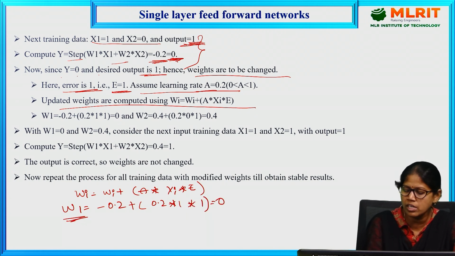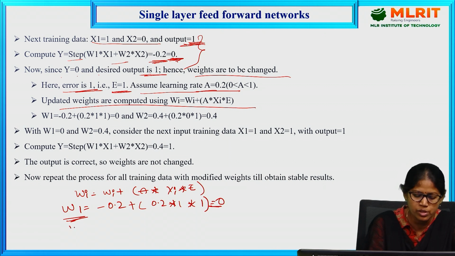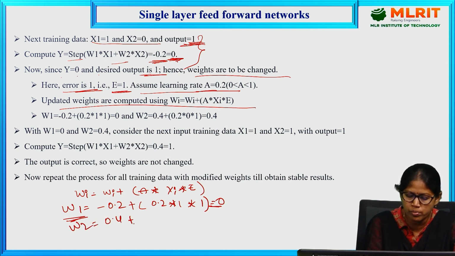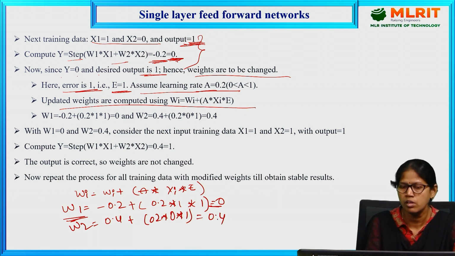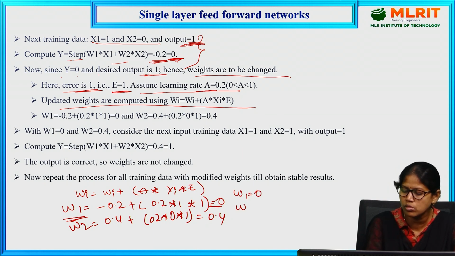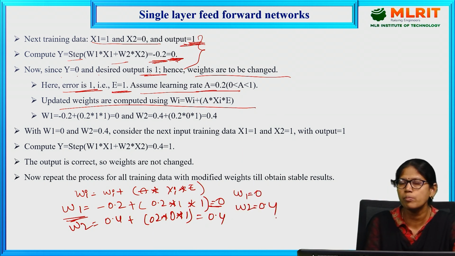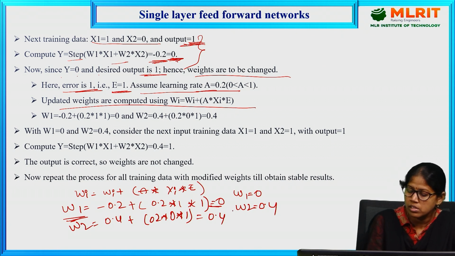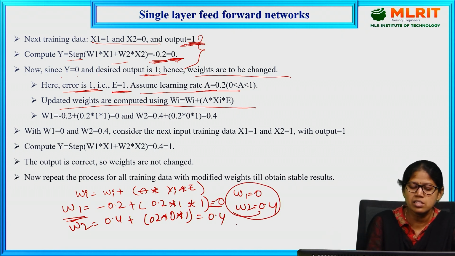Now W1 equal to 0. Again check for W2. W2 value is 0.4 plus 0.2 into 0 into 1 equal to 0.4. So now the new weights are W1 equal to 0, W2 equal to 0.4. Take these weights to the next training data.